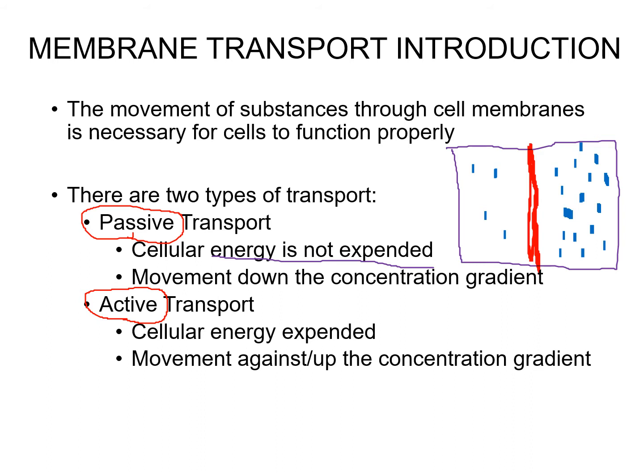Now, whenever we have an imbalance, or whenever we have something that's not completely even, what we call that is a concentration gradient. Concentration gradient means that one side has more than the other. Now, even if you've never taken this class, if you've never taken a college class, if you've never taken a high school science class, it doesn't matter.